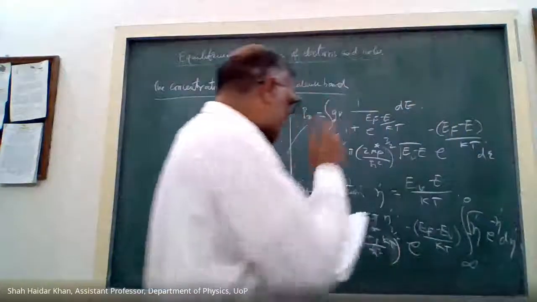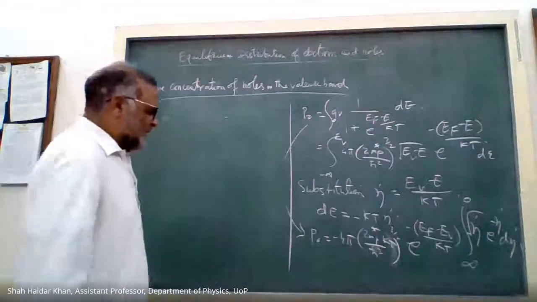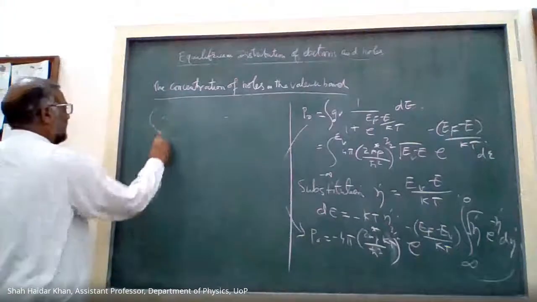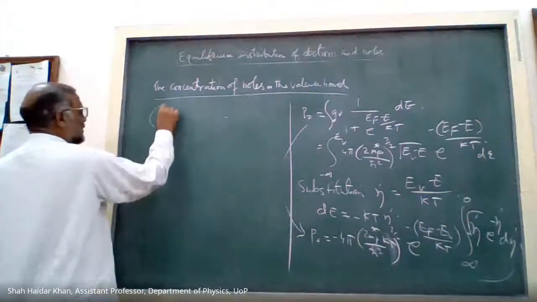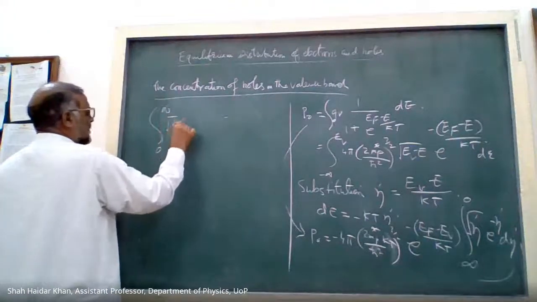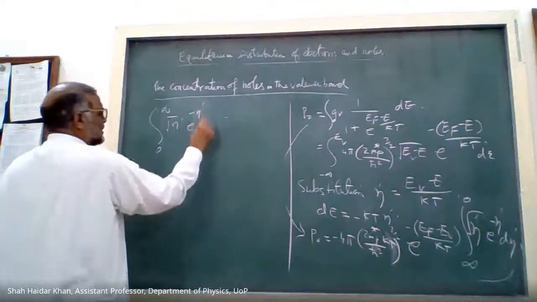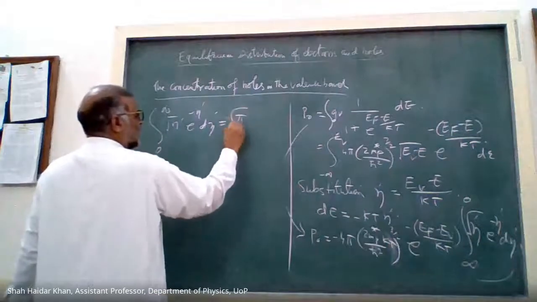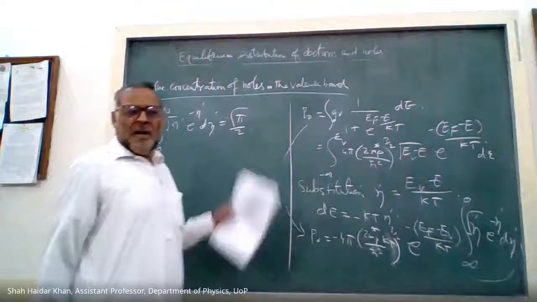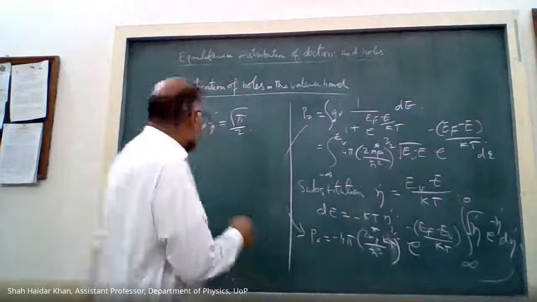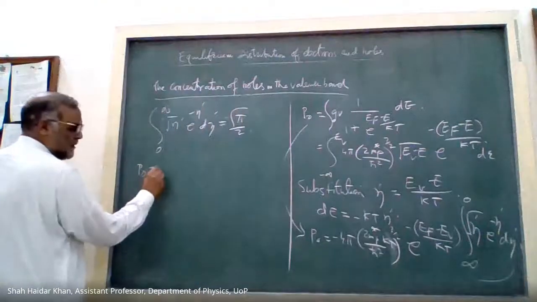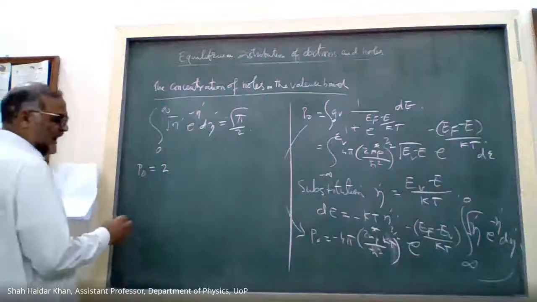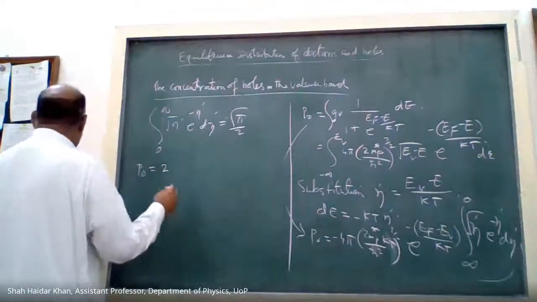Now, this Gamma function, from 0 to infinity, eta prime e to the power minus eta prime d eta prime is equal to square root of pi divided by 2. So when I put it there, P naught will become 2, and I will put pi there.